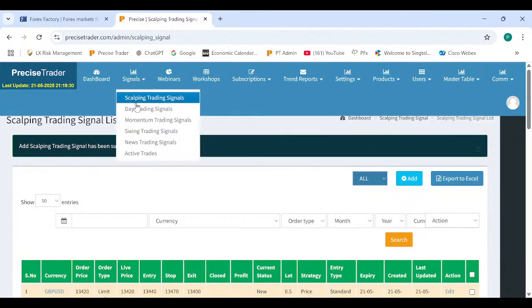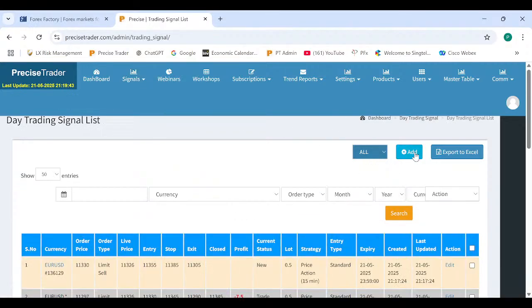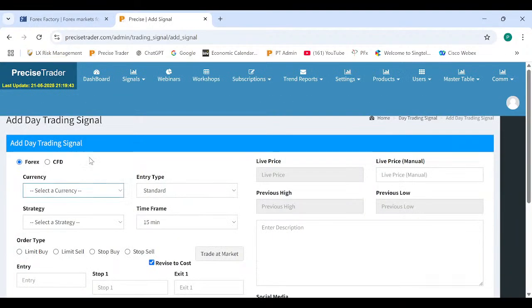Then we'll go for one more trade. This is also a half lot. Go for a sell at 34.60.